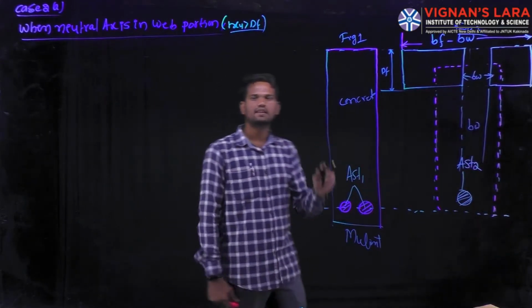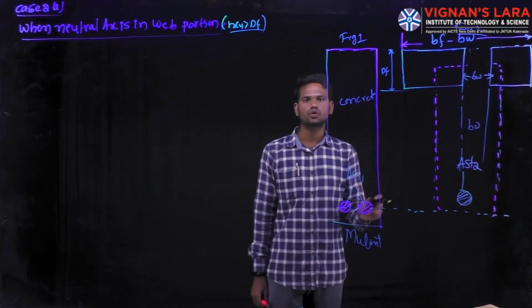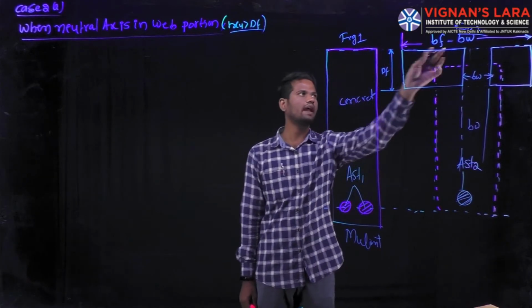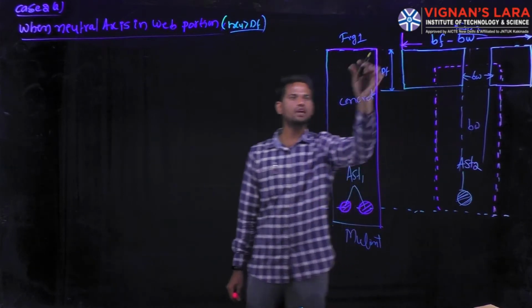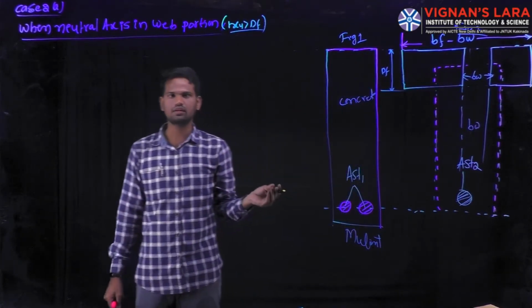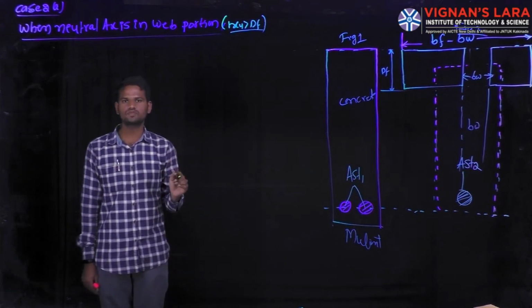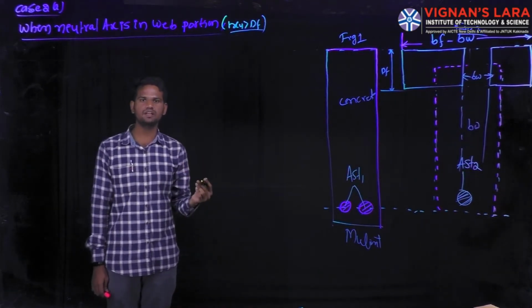Now we will calculate the total compressive force and total tensile force for both these conditions, figure 1 and figure 2. Figure 1 is nothing but a regular concrete beam, a singly reinforced beam. For that, first we have to calculate the total compressive force, total tensile force, moment of resistance, and lever arm.